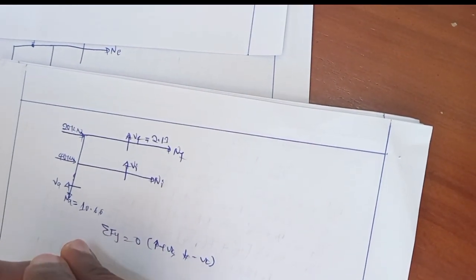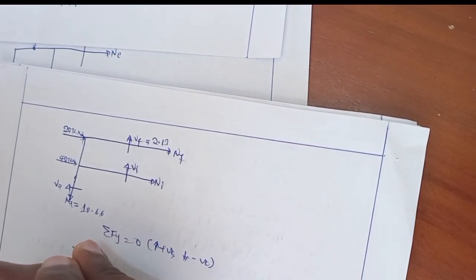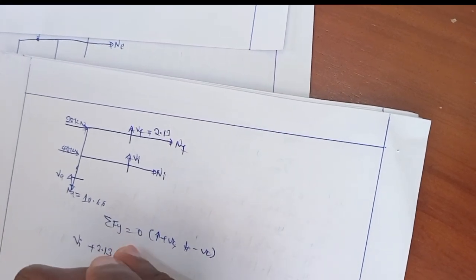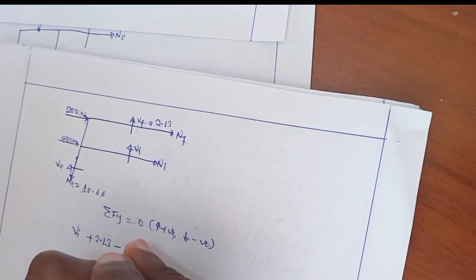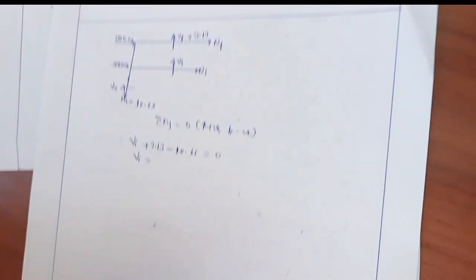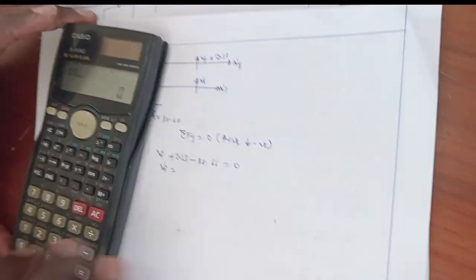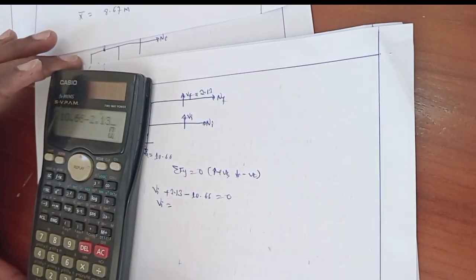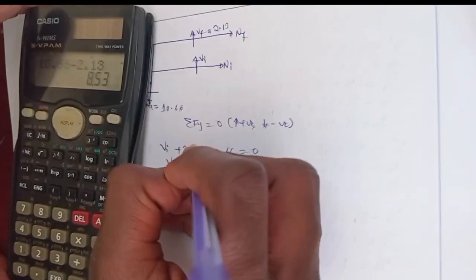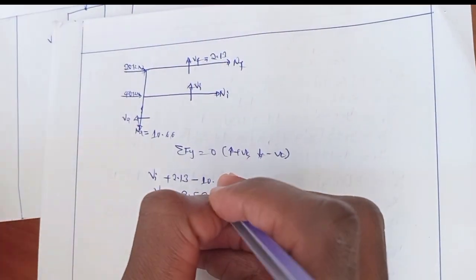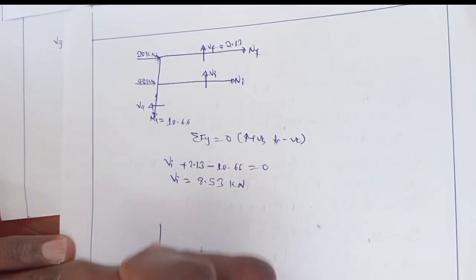So VI plus 2.13 minus 10.66 is equal to 0. VI will be 10.66 minus 2.13. It will be 8.53 kilonewton.